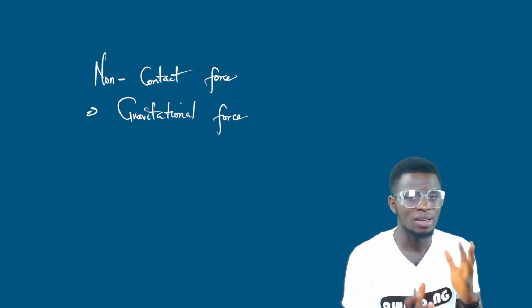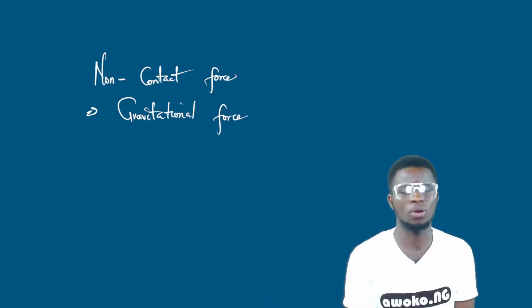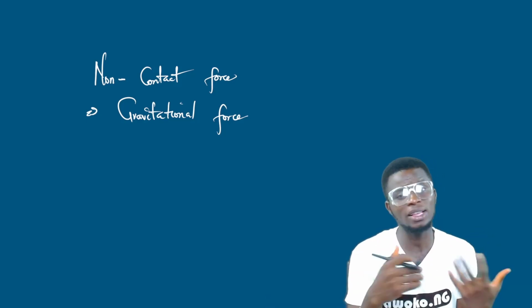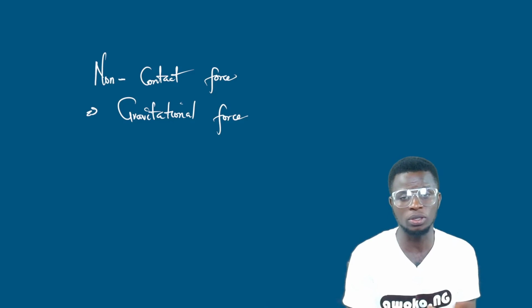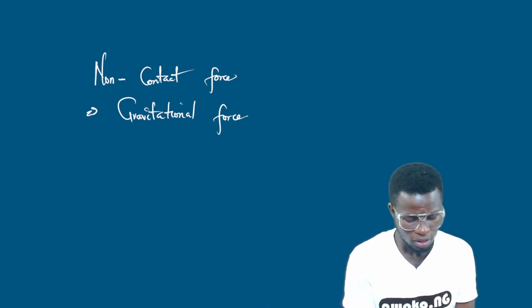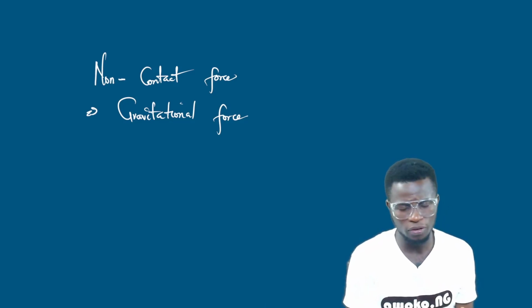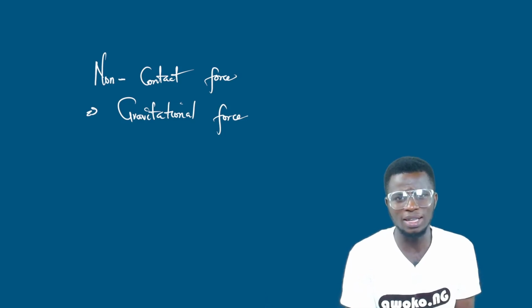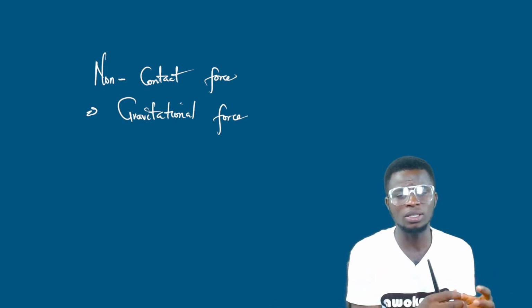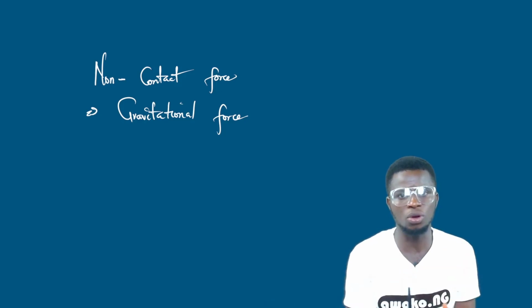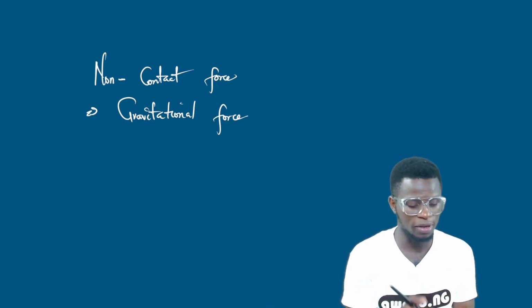So that is what gravitational force is all about. It is either an attractive force or a repulsive force. All right. So that is one example of the non-contact force. You realize that there is no contact between the objects we are talking about, but the attraction is as a result of, by virtue of, their masses.